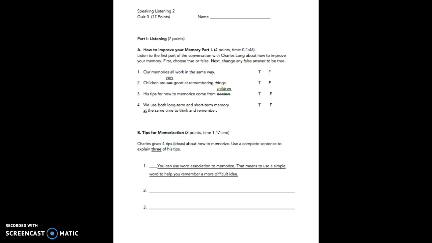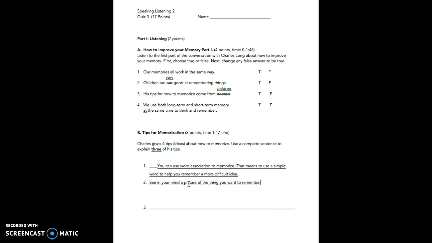So he uses the word visualization. So you can use that word, but you don't have to if you just understand what he's trying to say. So he's trying to say that you can just picture in your mind, or another way to say that is see in your mind a picture of the thing you want to remember.